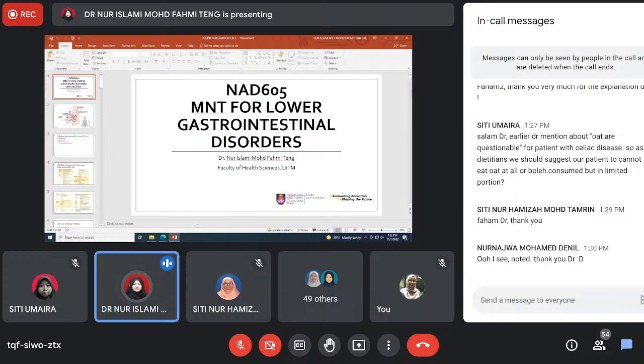We should ask them whether if they eat oat, is it will trigger dia punya immune response ataupun tidak. If they can tolerate oats, then they can consume it, but basically sebenarnya paling terbaik, we suggest them to eat gluten free oats, so that is safe for them. Okay.